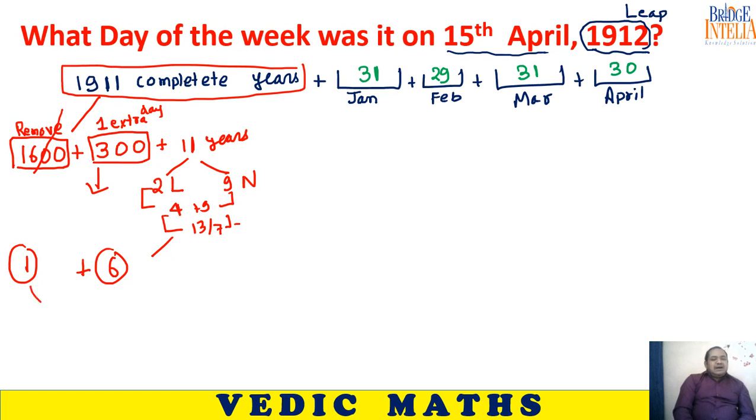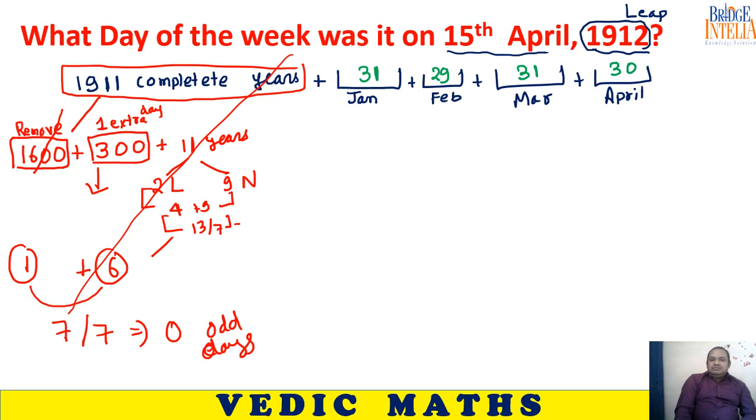And what does it come out to be? Look here. 1 plus 6, that is equal to 7. So if you divide 7 by 7, remainder is 0. So 0 odd days or 0 extra days. So 0 extra days, that means you don't have to worry at all. So remove this portion. So from January, how many extra days are we getting? Divide 31 by 7.